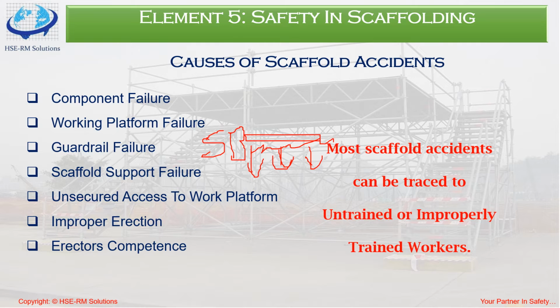Then comes the base plate. What we have seen is that these two things are the biggest errors when it comes to component failure. If the base is not right, it will immediately affect the scaffold. If the sole board is not right, it will sink into the soil.